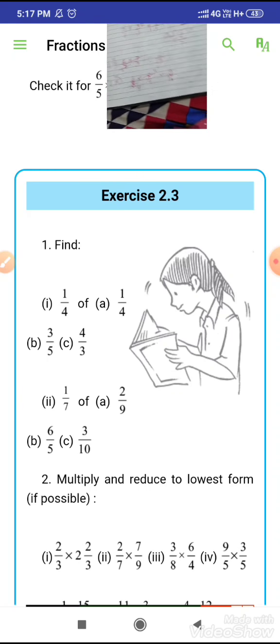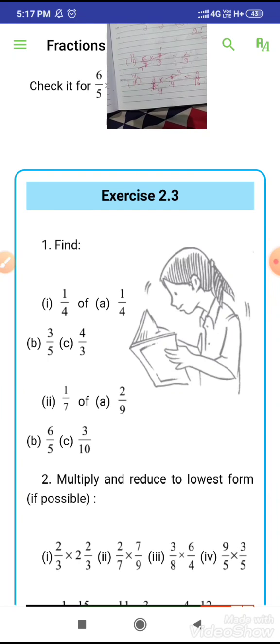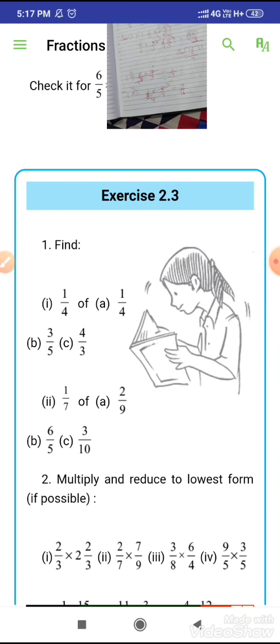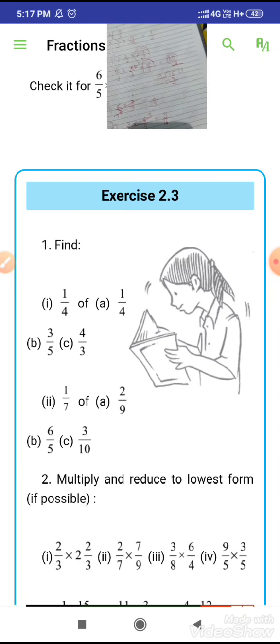For example, 4 and 16 are two numbers, one in the numerator and one in the denominator. Both numbers appear in the table of 2, so we can cancel out these two numbers by 2.